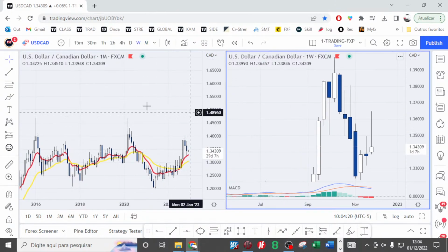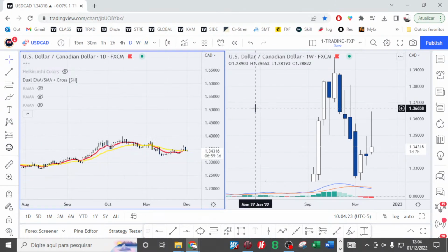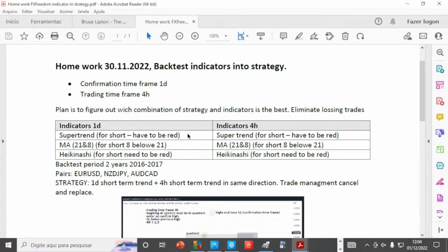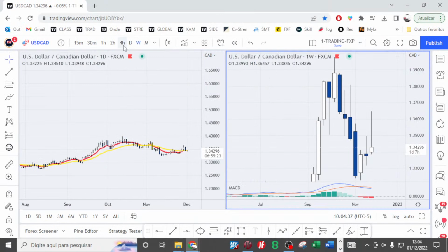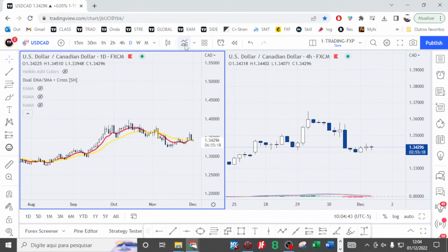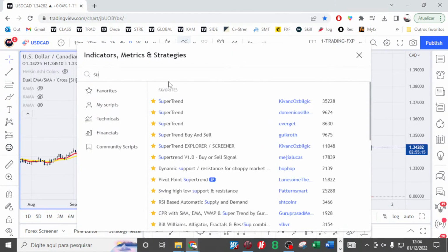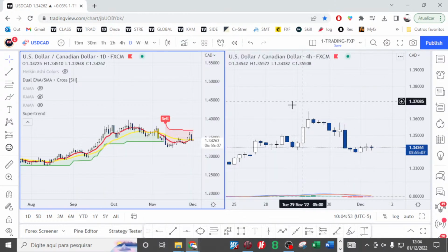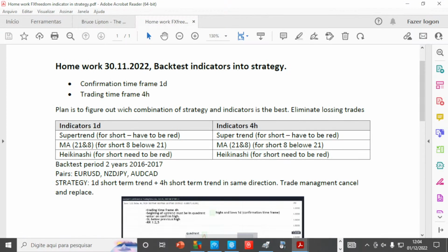And okay, so we are here. This should be the daily, and Mattia's system is 4 hour. So this should be the daily, this should be the 4 hour, right? And we need Supertrend, so we have 3 different ones, maybe it's this one, Supertrend. So Mattia is saying Supertrend, Heikin Ashi, right?